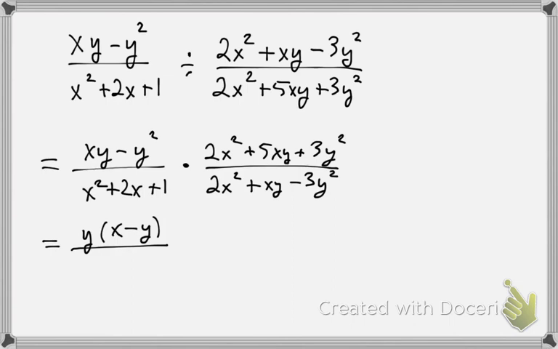Is this in descending order with respect to x? Yes. The bottom's descending order with respect to x, the other two too. So if I'm considering everything in descending order with respect to x, is my leading term negative? No. So don't pull out the negative.